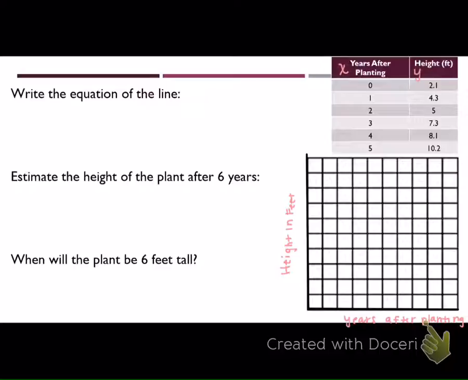We have 0 to 5, so I know this is 0, and I can skip every other one. That will still fit for the years after planting. Make sure those numbers fit your graph as best as possible.